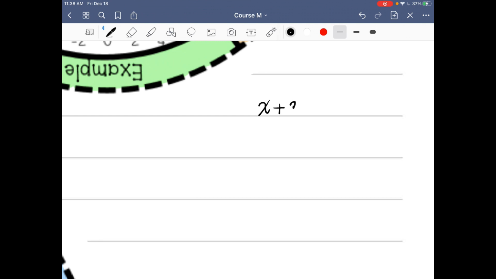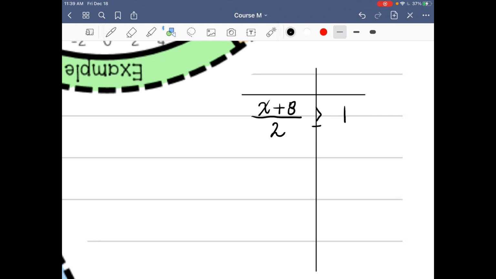So we have x plus 2. Let me try it again. X plus 8 over 2 is greater than or equal to 1. Using that distributive property of division that you learned, this one will work that way as well.